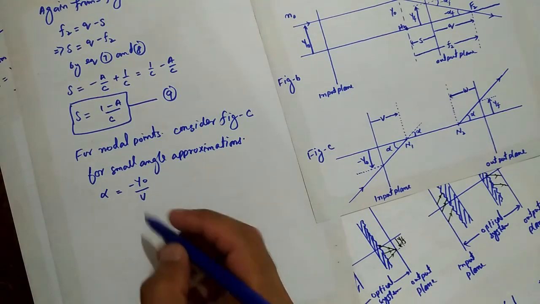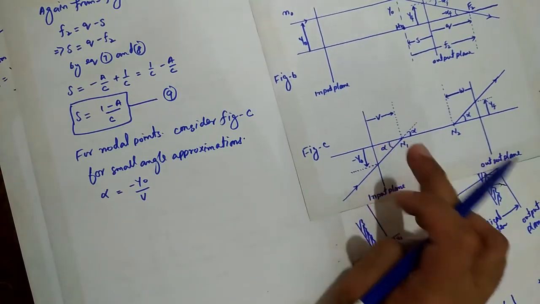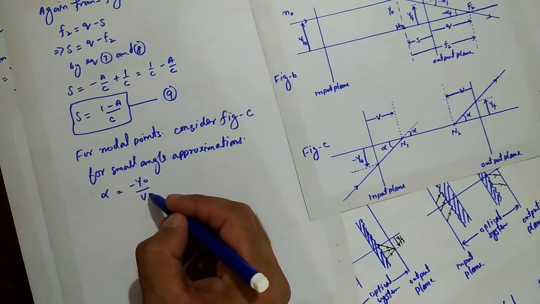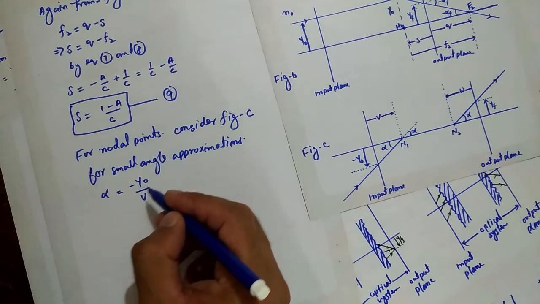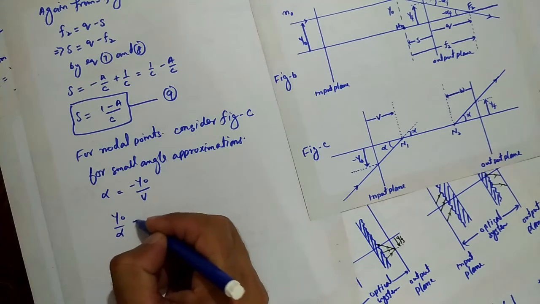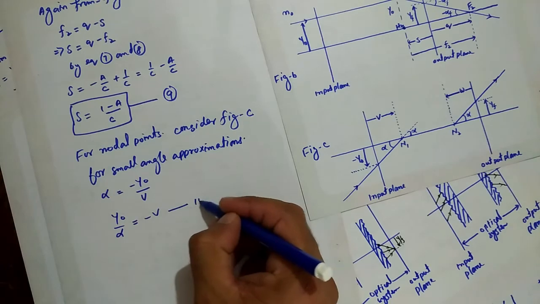So let me write it first, that y naught over alpha can be equal to minus v. Let this be equation number 10.